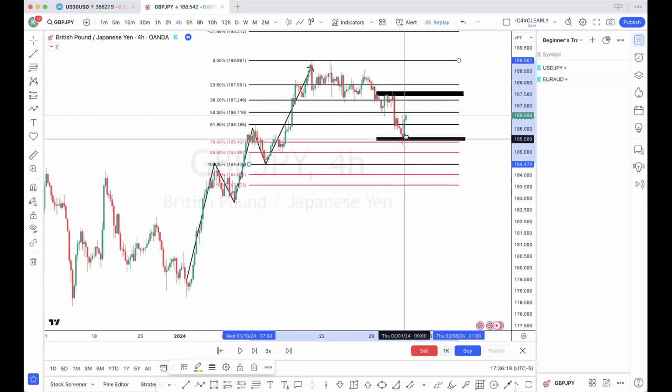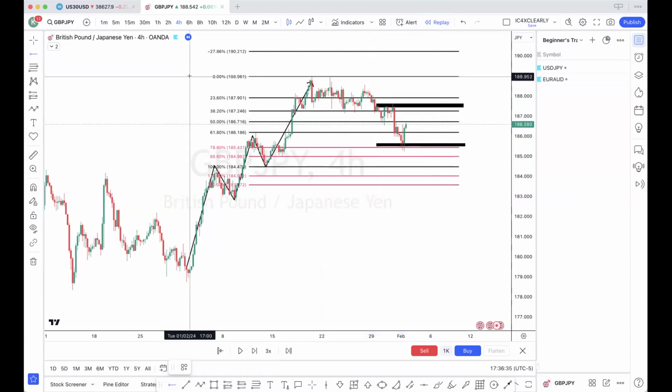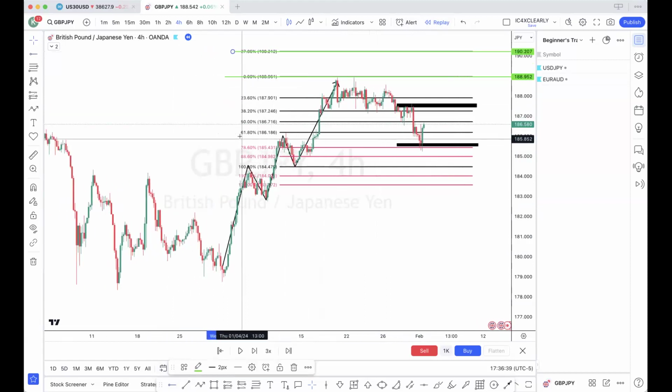Again, price pulled back to the 78. I'm expecting price to go up to the negative, at least the -27. If it does not go to -27, I think we went up to at least up to here. This is always TP1. -27 is always TP2.